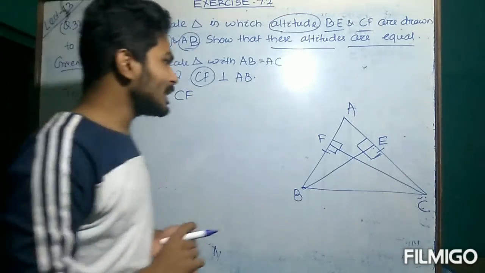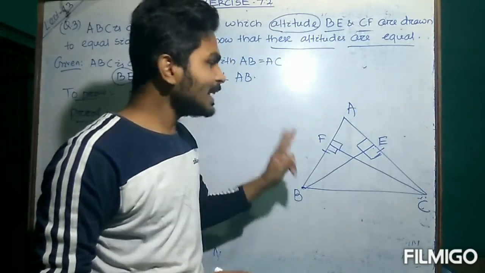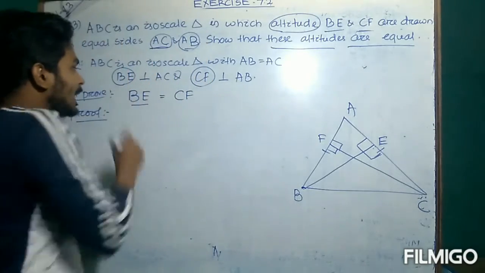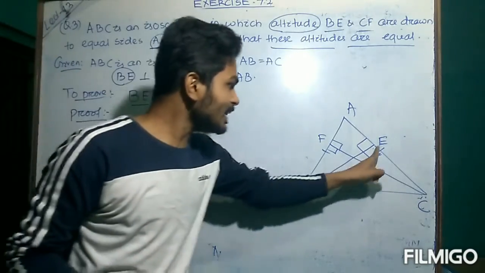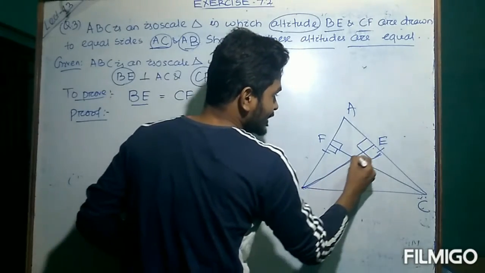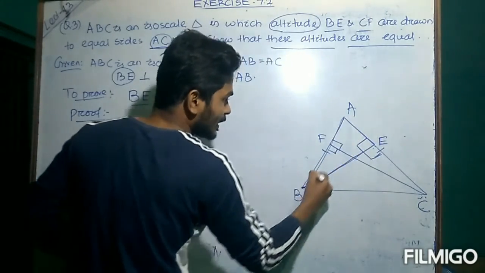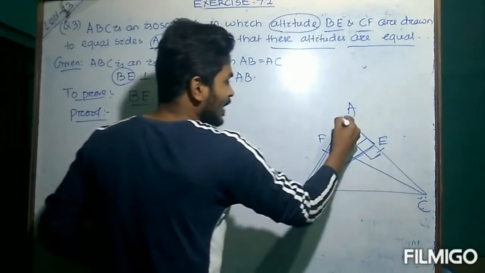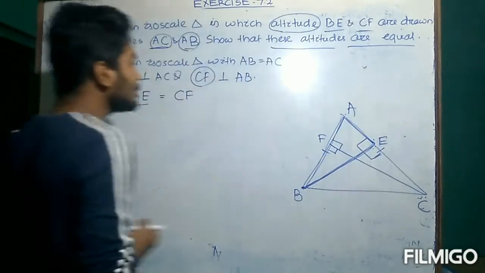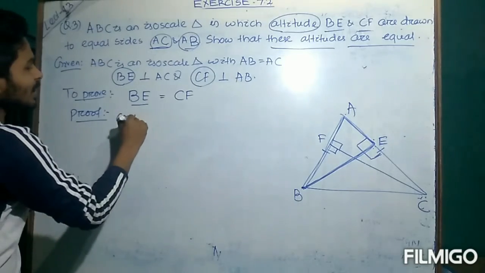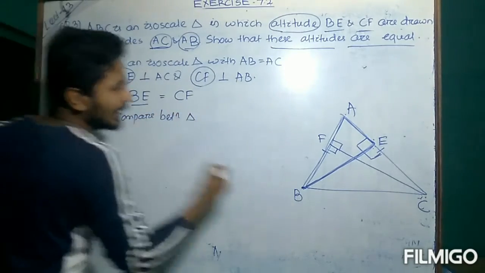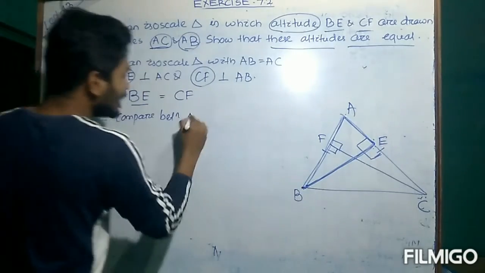In order to prove this, we have to choose any two triangles. Which two triangles? Now tell me, BE is a side of which triangle? This triangle, BEA. So we will compare triangle BEA.